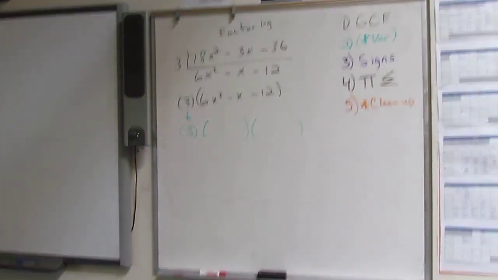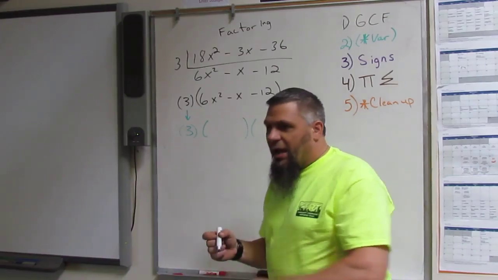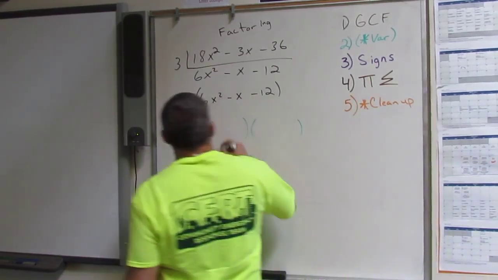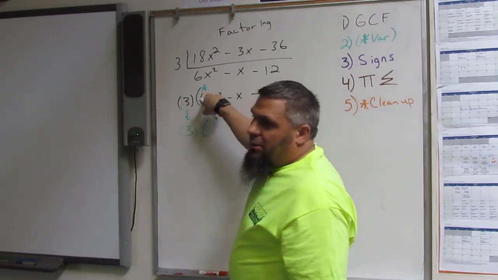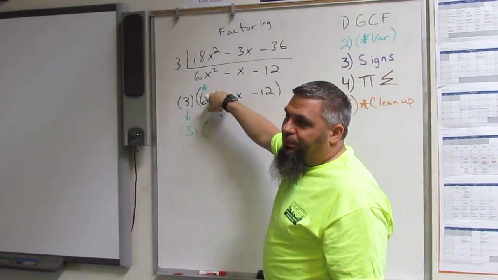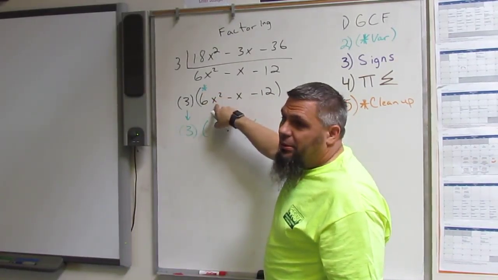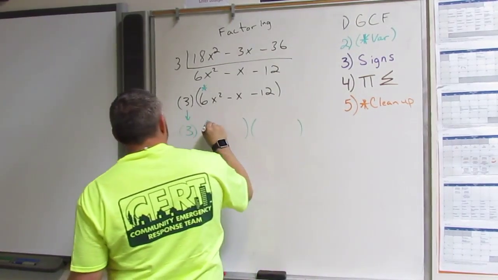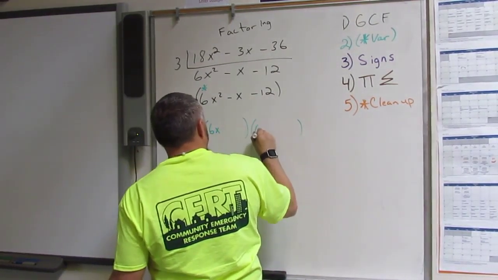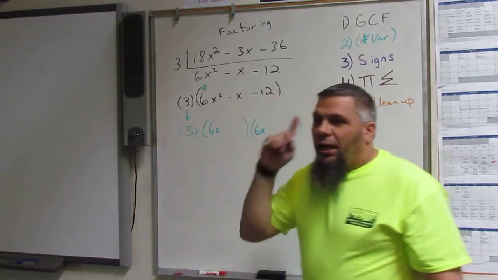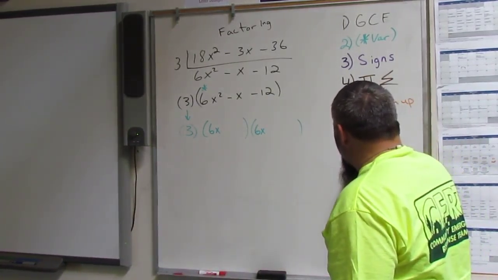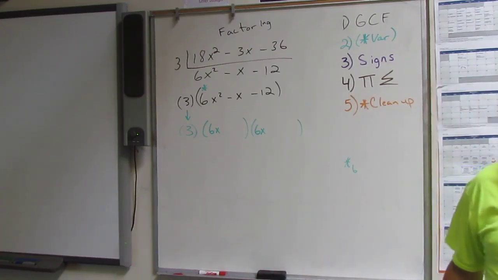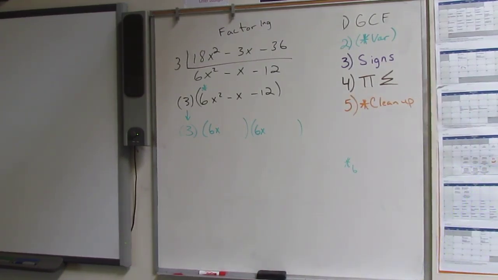Good. All right? Now, this is your star. This is your star, that first coefficient, and this is your variable. So you're just going to go 6x, 6x. And then I have to remind myself there's a star here, and I have to clean that up later.